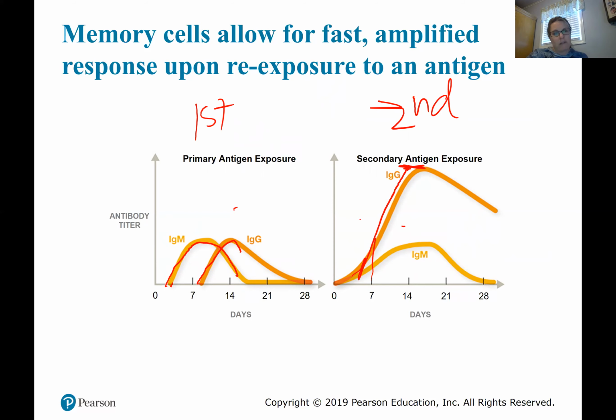So again, this is giving us the premise and why we vaccinate, to get that secondary immune response. And sometimes, and we'll talk about this when we get to vaccinations, you have to give boosters. Tetanus is every 10 years, because your memory starts to wane, so you give that booster and it just gives it a little boost.